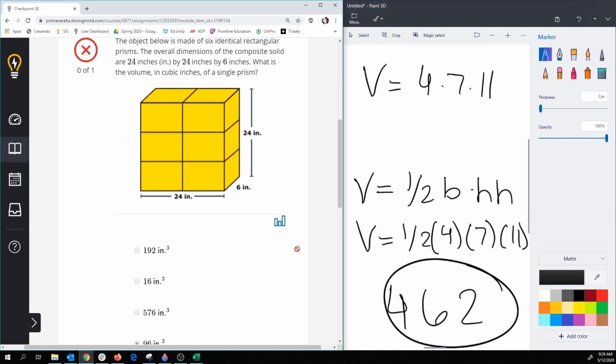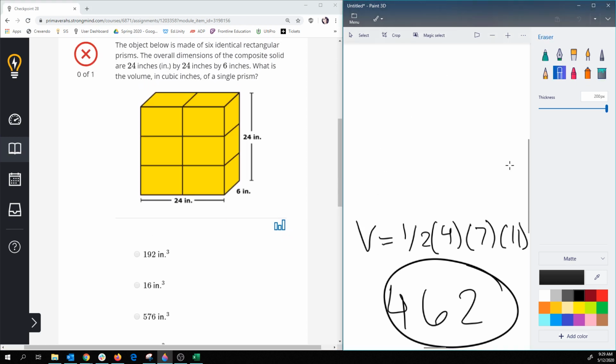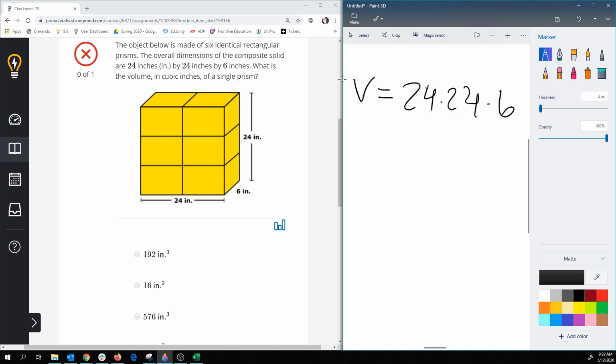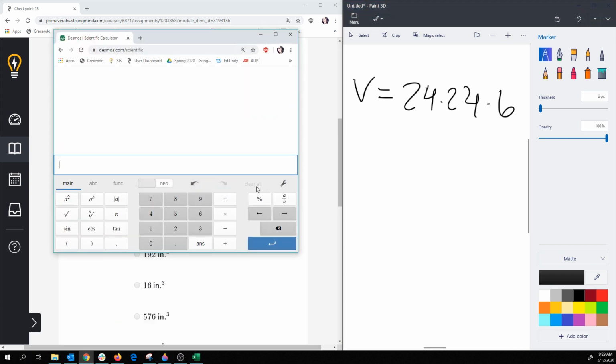All right, 14. So let's see, we have these stacks here, and so there are 6 identical boxes, and the overall dimensions are these. What is the volume of a single prism? Okay, well, if this is the volume of all of them, right, to find the volume, 24 times 24 times 6, and then since there are 6 identical boxes, all we need to do is divide it by 6.